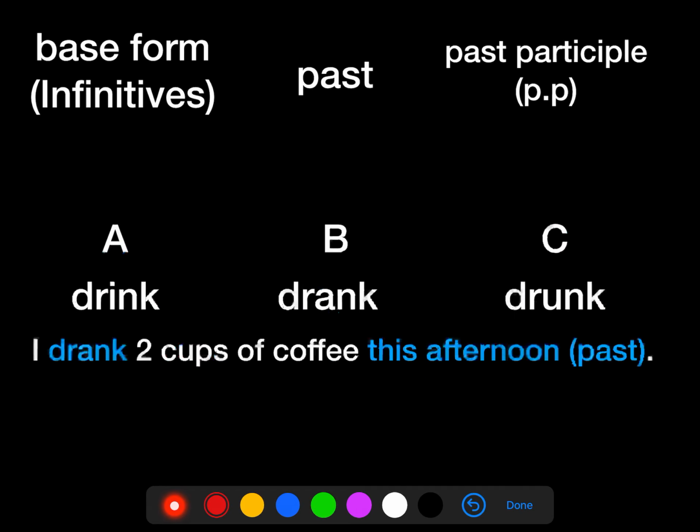Okay, again, ABC groups means the form of the verb does change in every time tense. So let's have a look at the base form first. Drink. I drink water. I drink Coke. I drink coffee.